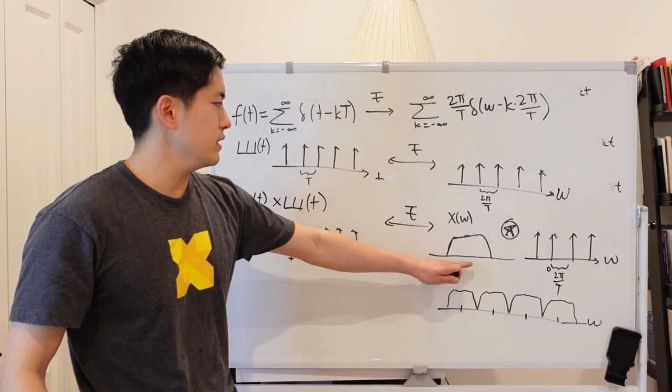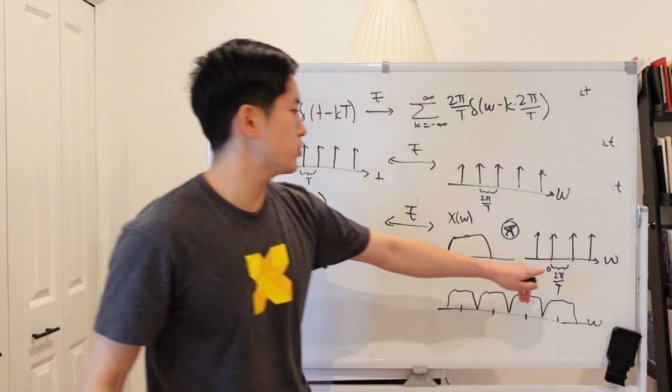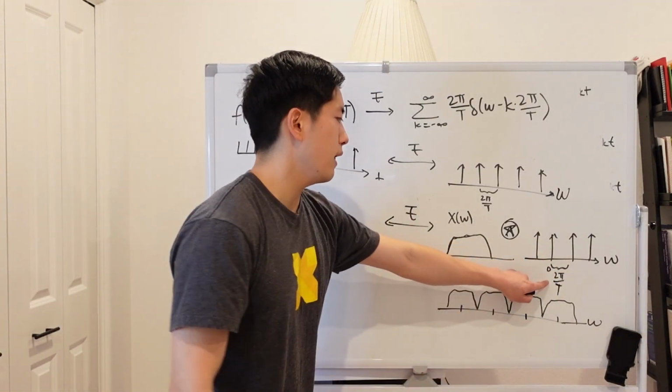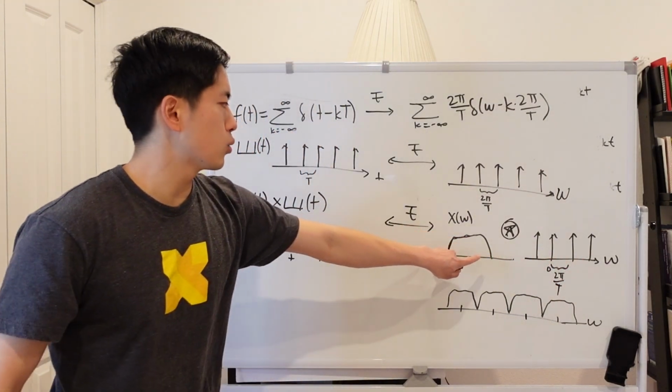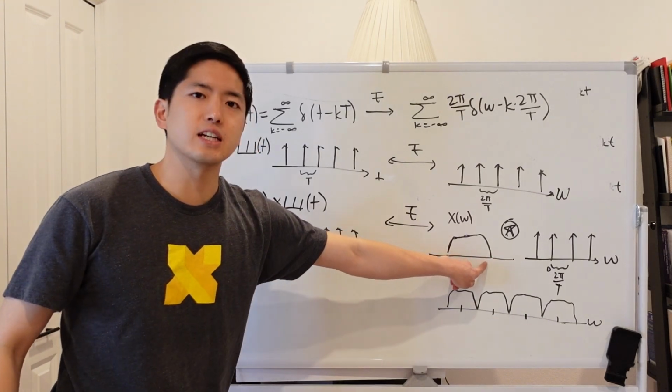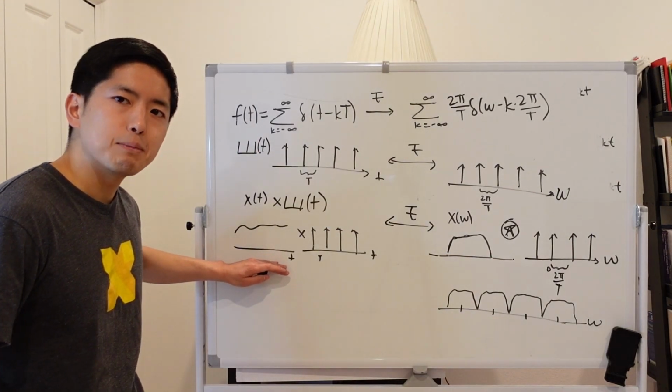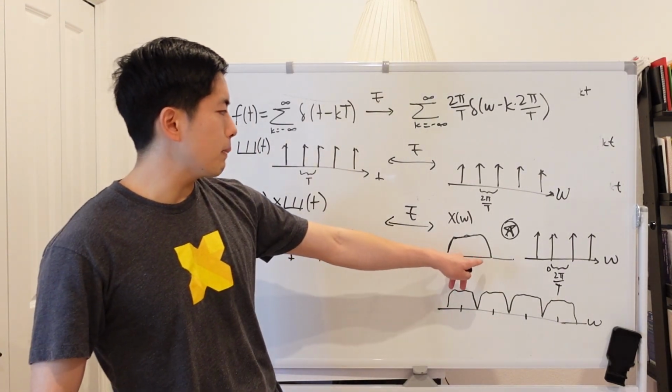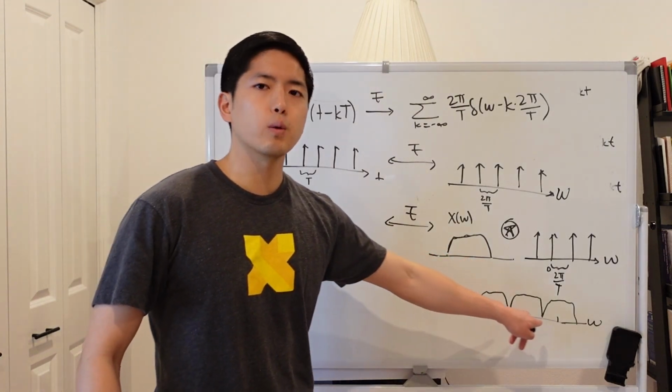But you'll see something interesting. I assumed that 2 pi over T is greater than the width, what we call the bandwidth, of this signal. When you sample a signal in the time domain, you are basically replicating the signal in the frequency domain.